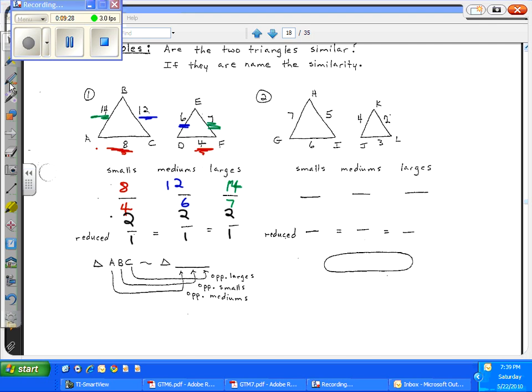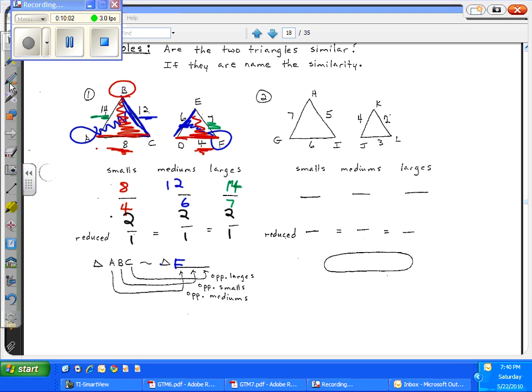Now, A, and I've got it all color-coded, was opposite the medium size side. So we would look opposite the medium size side here to find A's partner, and A's partner is F, and so F goes first. B is opposite the smallest side here, 8.